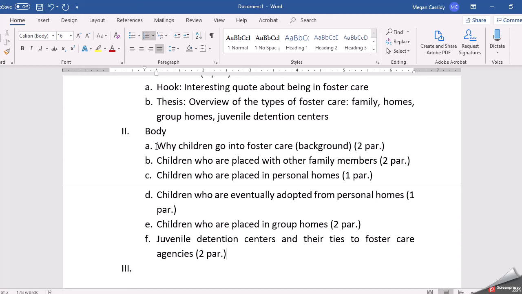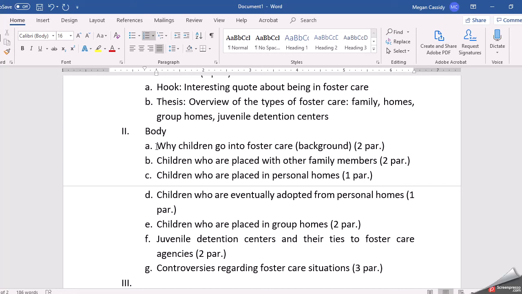So let's say that I add controversies regarding foster care situations. And let's say that I have 3 paragraphs on that. So another page talking about the controversies.